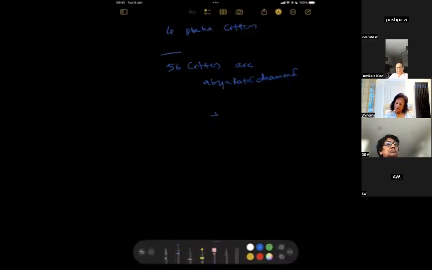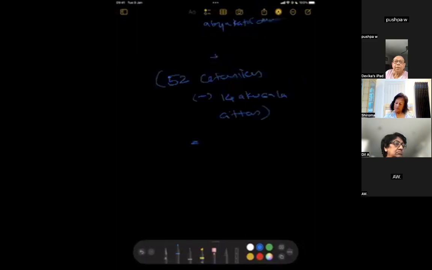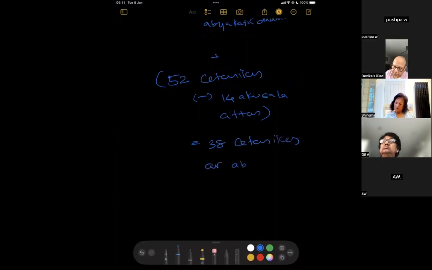So 52 Chetasikas minus 14 Akusala Chetasikas equals 38 Chetasikas that are Avyakata Dhamma.